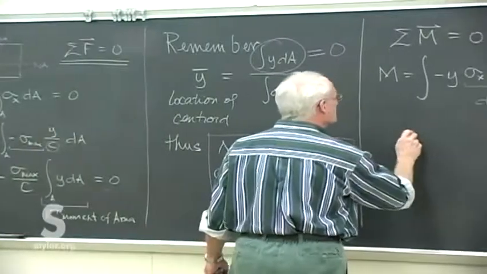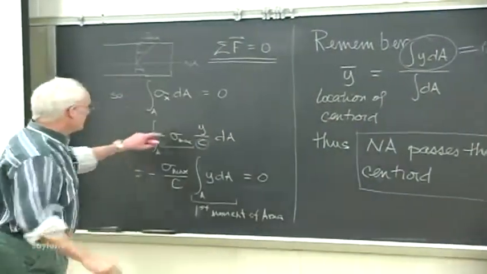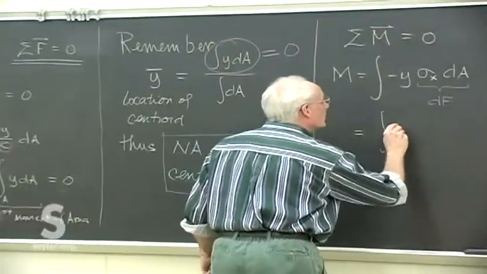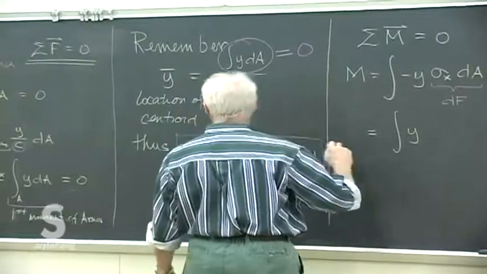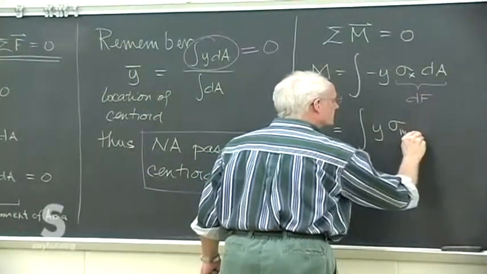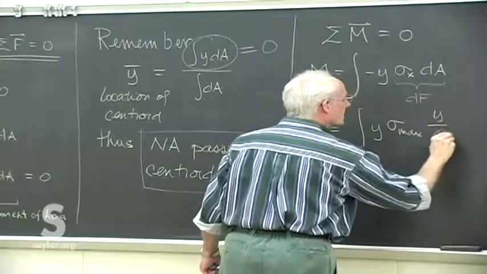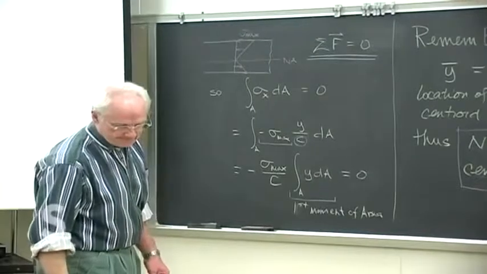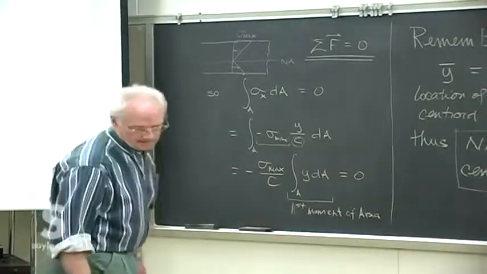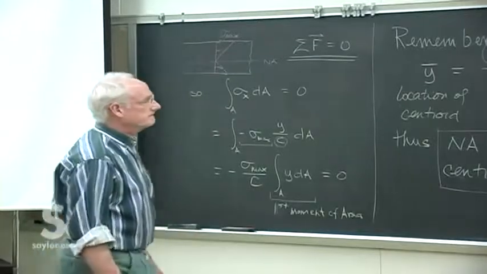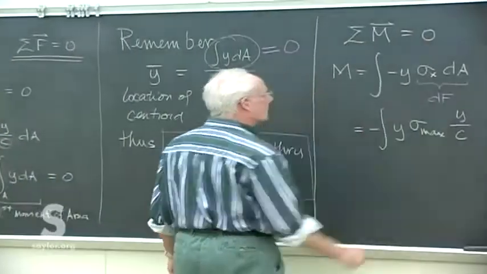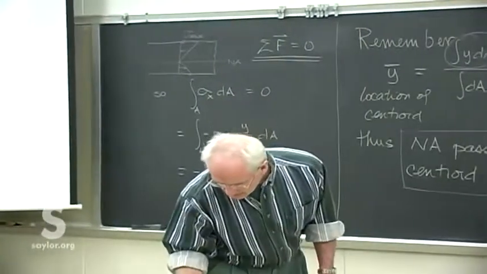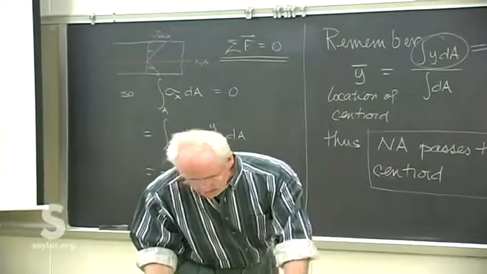All right, let's make the same jump we made before when we put this in for sigma x. So this becomes y sigma x gets replaced by sigma max times y over c. Oh, yeah, and the minus sign always pull out. I may have produced or lost a minus sign earlier.